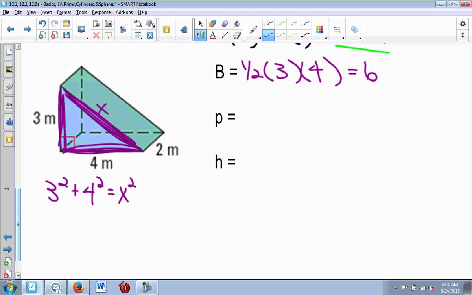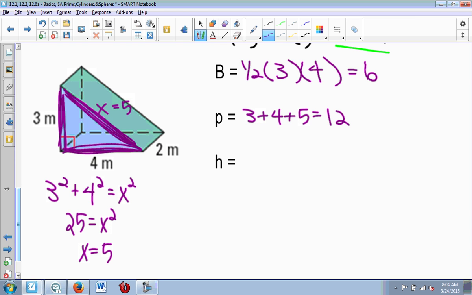If I do 3 squared plus 4 squared, that comes out to 25. And if I take the square root, we get a value of 5, which means this is a 3, 4, 5 triangle. So if I want the perimeter of the base, I just need to add up 3, 4, and 5, because it's the distance around the triangular base.